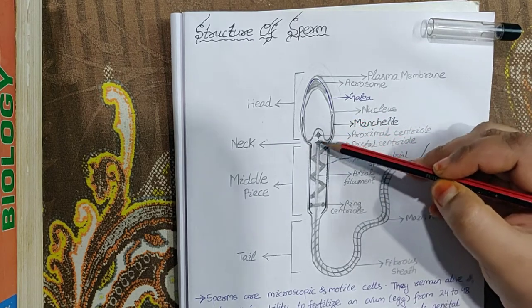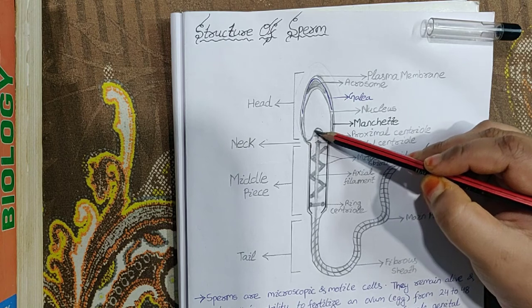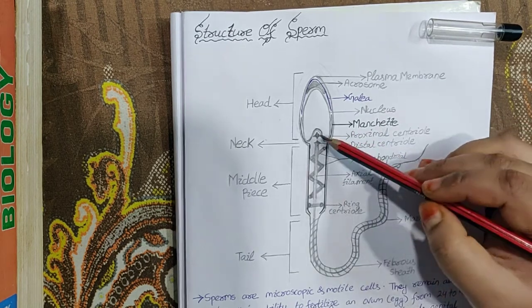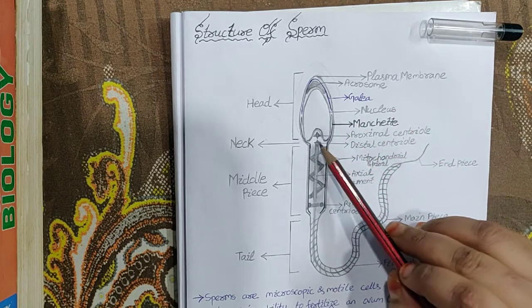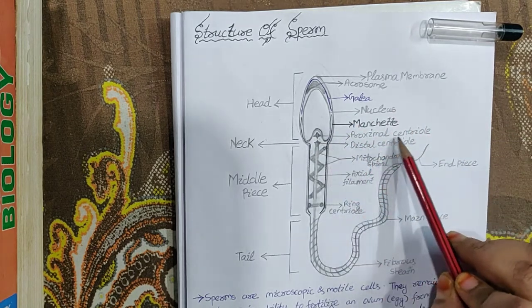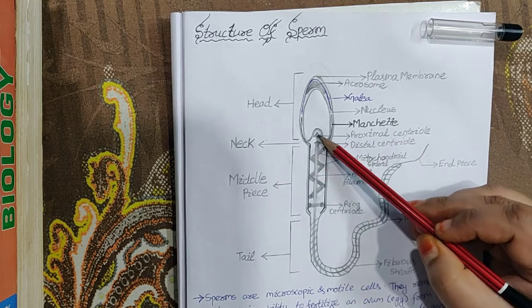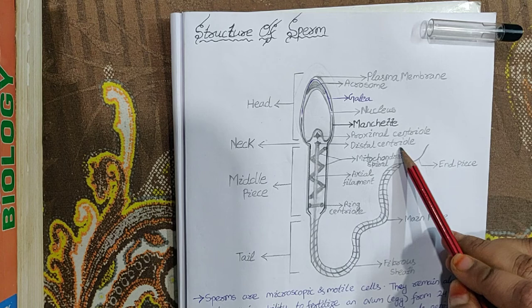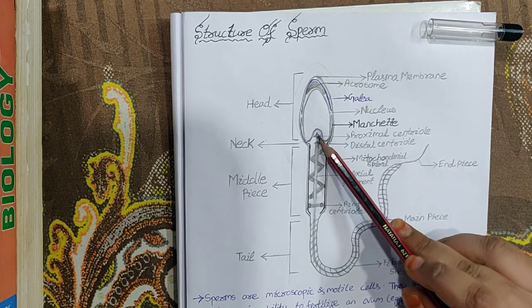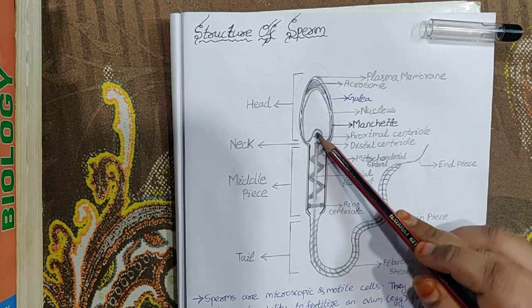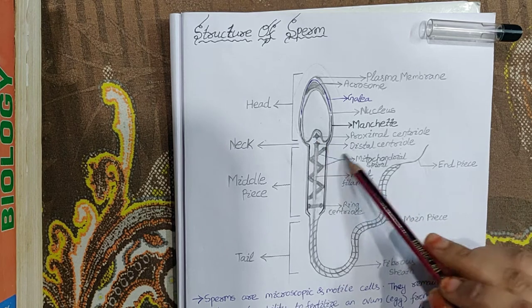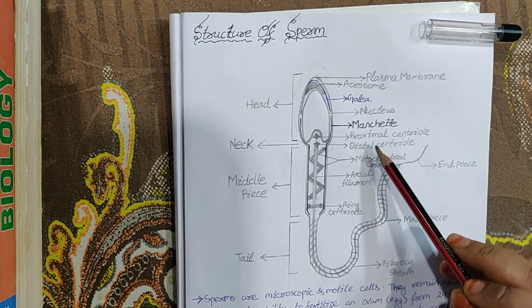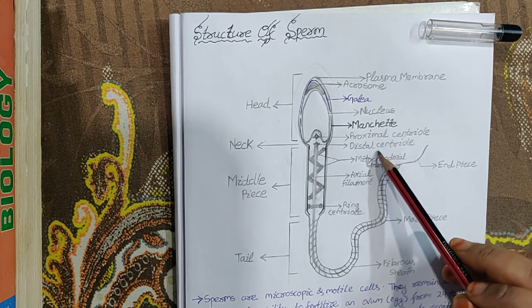In this depression there is a centriole, called the proximal centriole, and just below the proximal centriole one more centriole is present, called the distal centriole. So just below the nucleus, in the depression, 2 centrioles are present: the proximal centriole and the distal centriole.